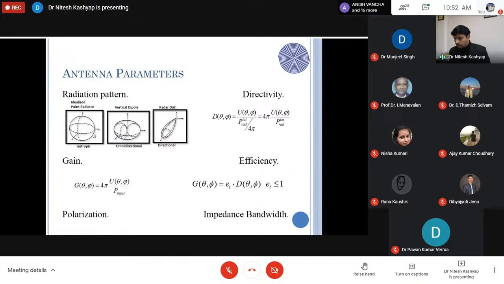The first is isotropic antenna. It is basically a hypothetical concept in which we consider a point source and it radiates equally in a spherical manner. And the second one is the omnidirectional antenna, where we can consider a dipole and it radiates in a plane.